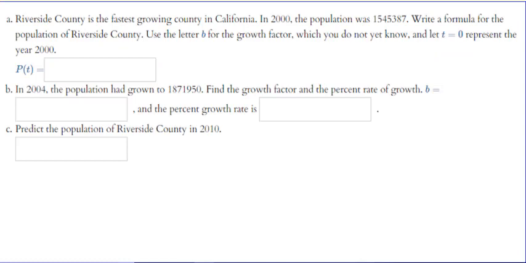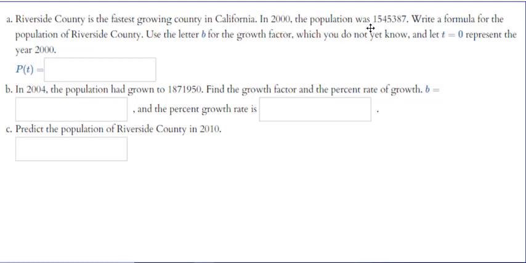Now let's look at this one. This one goes back to, I think, the second page of the very first video, where it talks about getting 2 points, like initial point, some other point, in some elapsed time. Can you find the growth rate and all that other stuff? I think this one follows that. So Riverside County is the fastest growing county in California.